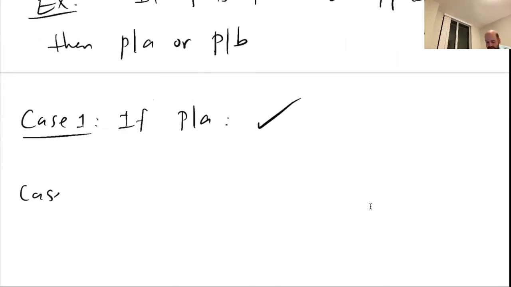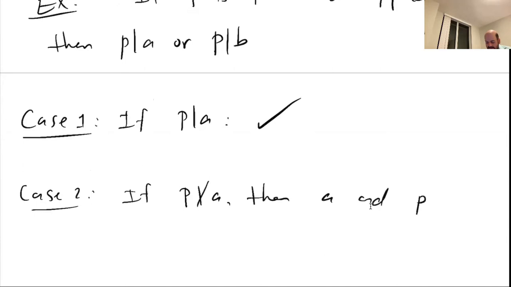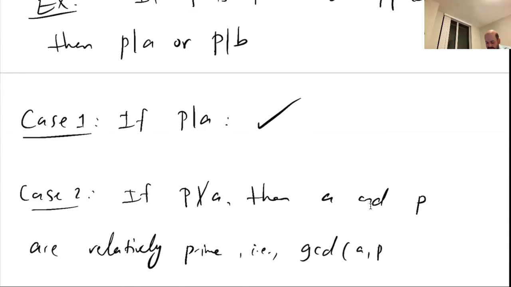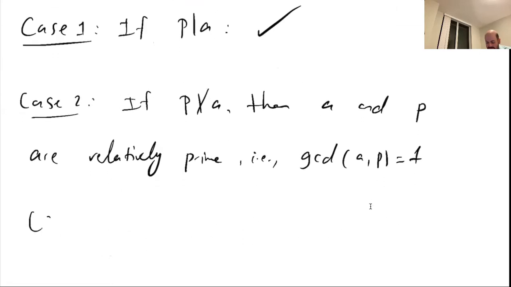Case two, if P does not divide A, then A and P are relatively prime, i.e. GCD of A and P is 1. Why is that? We saw this property above.